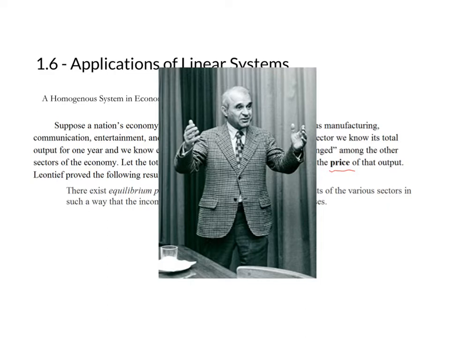The total dollar value of the sector's output is called the price of that output. Okay, so what Leontief proved is that there exist equilibrium prices that can be assigned to the total outputs of the various sectors in such a way that the income of each sector exactly balances its expenses, so that we're finding an equilibrium for our system, our economy.